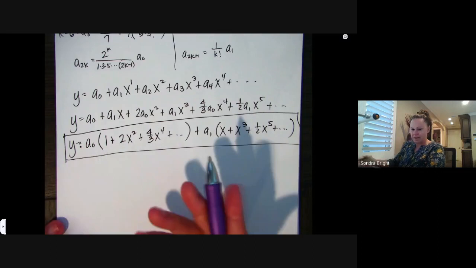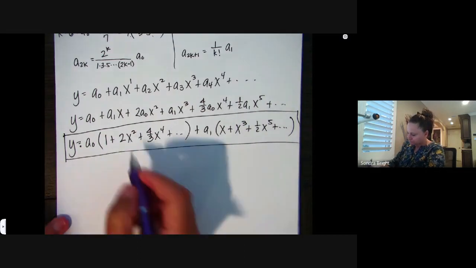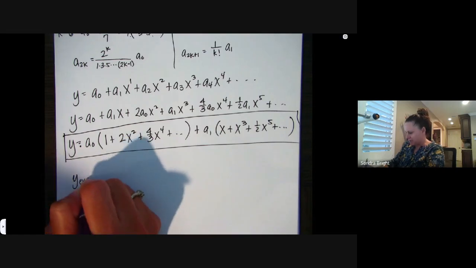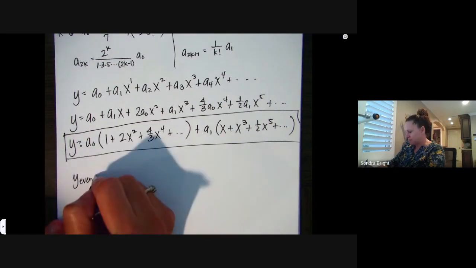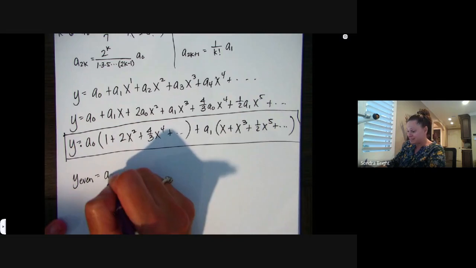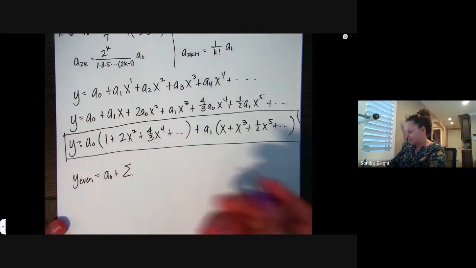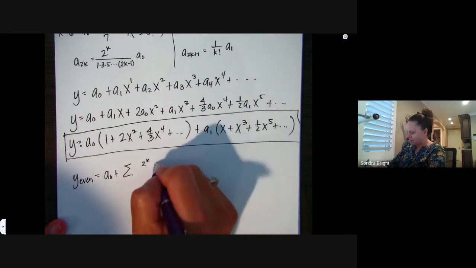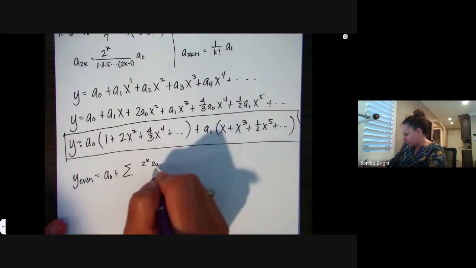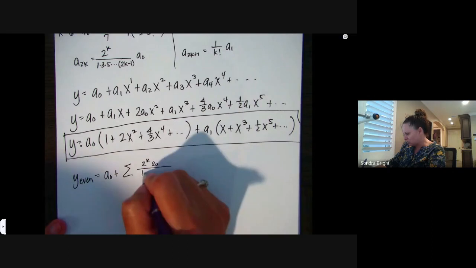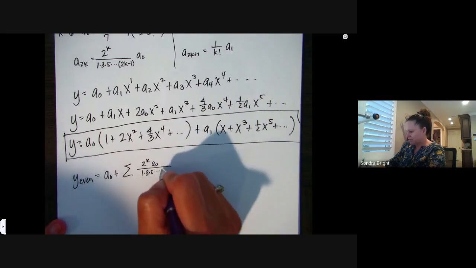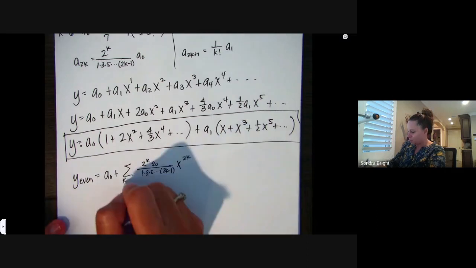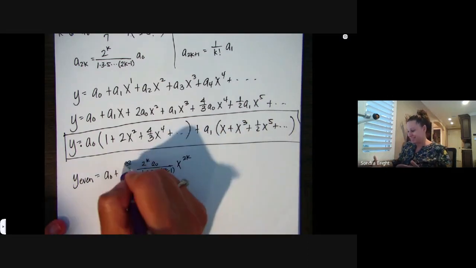For the even guys, it was actually a naught plus the series of 2 to the power of k times a naught over 1 times 3 times 5 times up to 2k minus 1, times x to the 2k, where k starts at 1 to infinity.